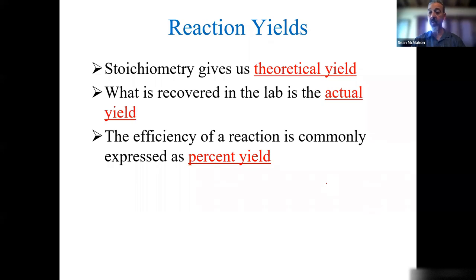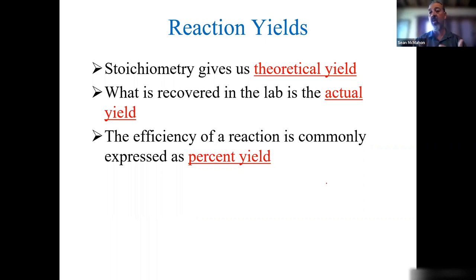So corporations, when they're making a product, do all the stoichiometric calculations to determine the theoretical yield. They actually sometimes work backwards. They're like, I want this many grams of product, and they work backwards and go, okay, I need this many grams of each reactant. But they actually might not get that yield. So they want to test their efficiency in their technique.